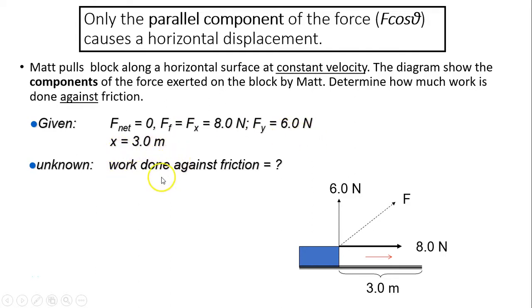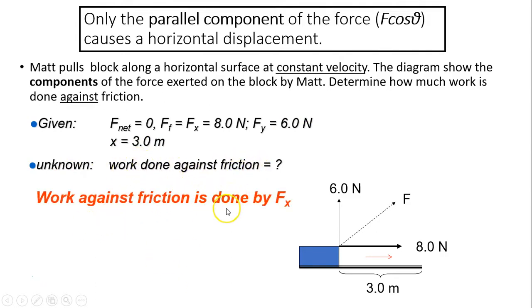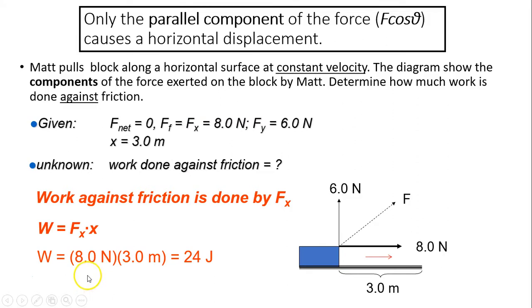Displacement is 3 meters. The unknown is the work done against the friction. Well, the work done against the friction is done by Fx. So what is the work done by Fx? The work done by Fx is Fx times x. Fx is 8, x is 3, so you have 24 joules. Only the x component, which is parallel to displacement, is doing the work.